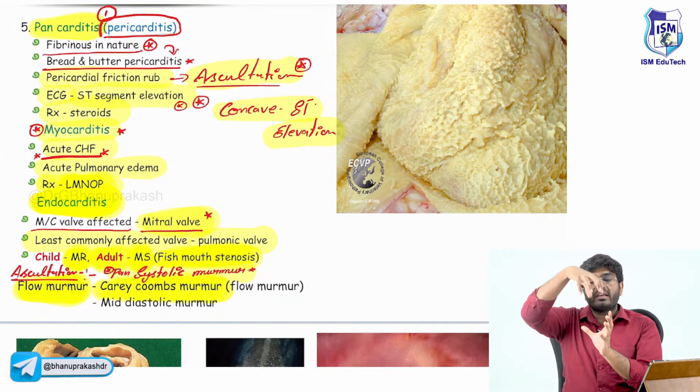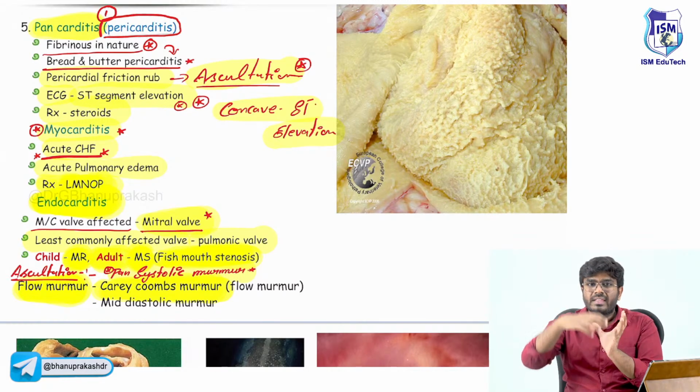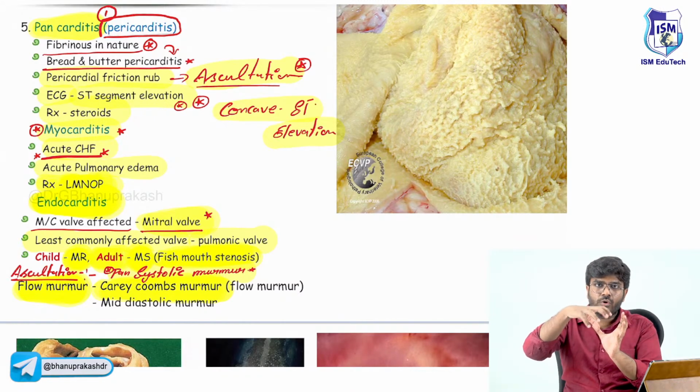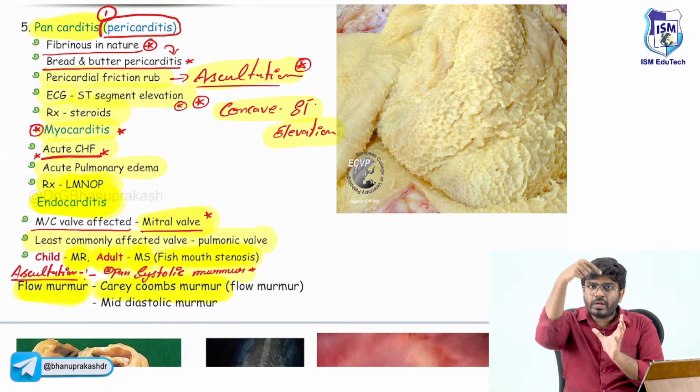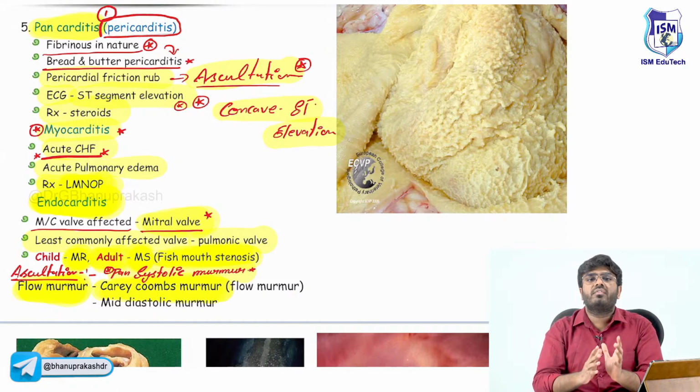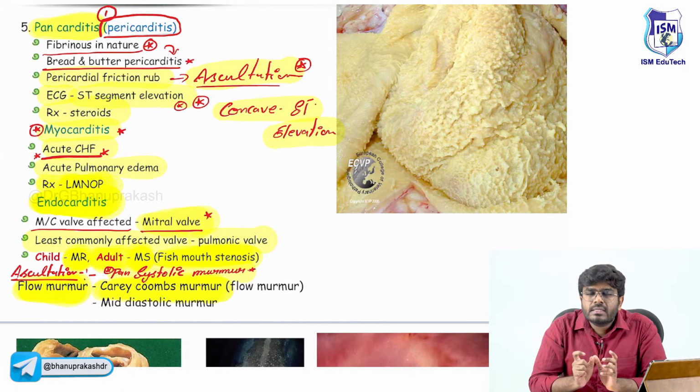Now this extra blood that has gone into the left atria will again come down, right? It will flow down during the diastole, flowing back again into the left ventricle. So this extra blood coming down into the left ventricle will also cause a little sound, sir. That is called a Carey-Coombs murmur.